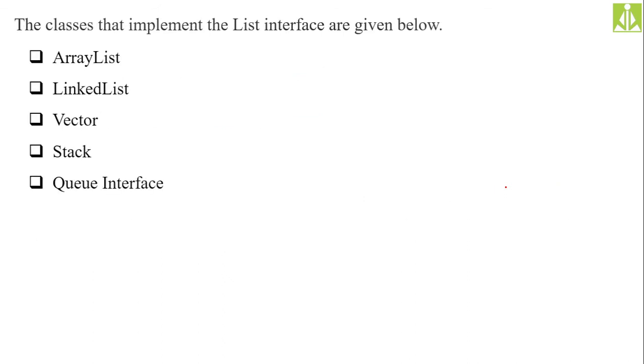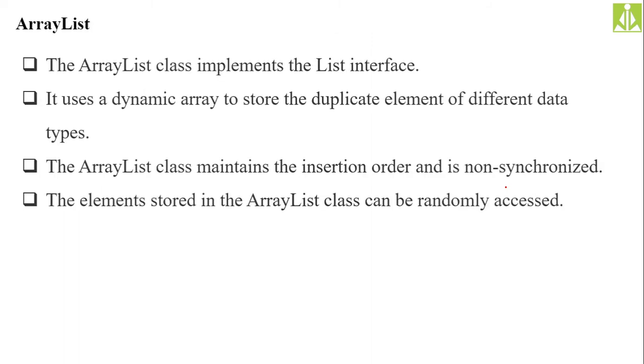So these are the subclasses we have for the List interface: ArrayList, LinkedList, Vector, Stack, and the Queue interface is also there, which is a sub-interface to the List interface. We will see the ArrayList class. We will see only one class.